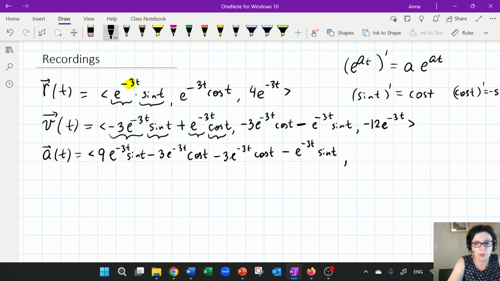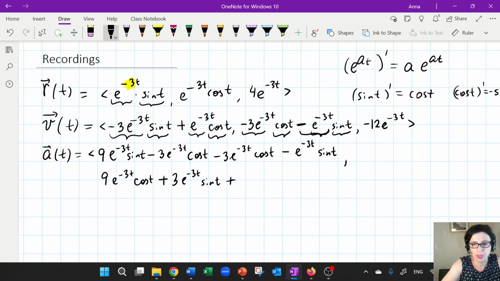Let's see if we can find the y component. So this is, again, product rule here, product rule here. Let's just insert the negative as part of the product rule. So the first function will become positive 9 e to the negative 3t cosine t, no change. Then plus 3 e to the negative 3t sine t, because derivative of cosine is minus sine, so that's why that's a plus.